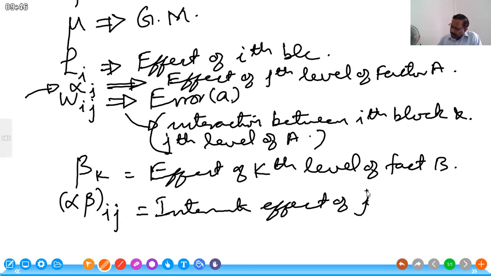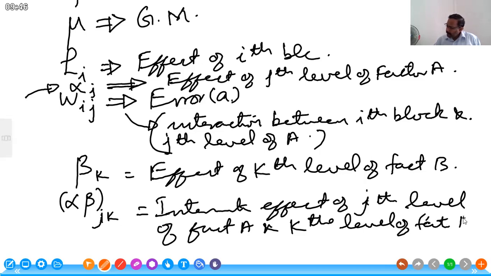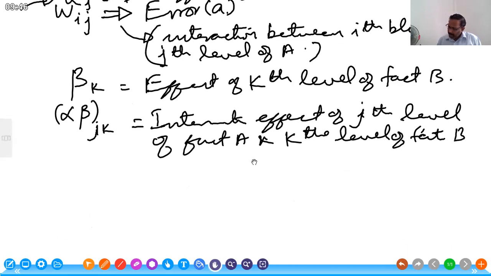It is jk: jth level of factor A and kth level of factor B. Right?